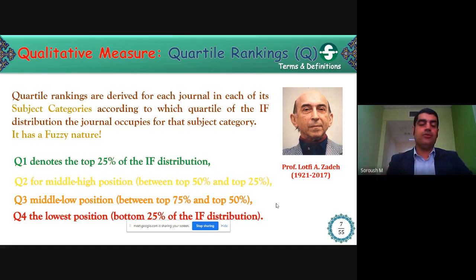So if we happen to see a journal whose quality is Q4, it doesn't mean that it is essentially of low quality. Maybe it is in the earliest stage of opening, and we should wait until the next years to see how competitive it is in a specific field of science.